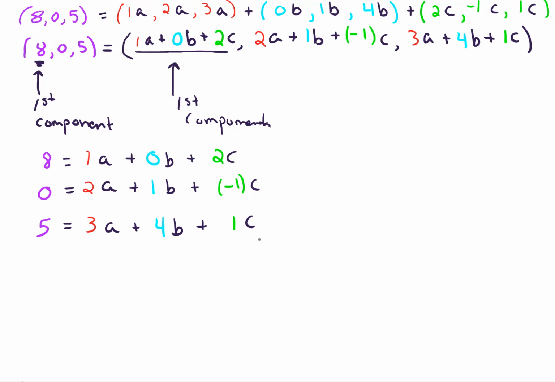Once we have three linear equations and three unknowns, we can write this as an augmented matrix. Reading down the coefficients for the A's, we get 1, 2, and 3. Second column for the B coefficients, we get 0, 1, and 4. For the coefficients on the C's, we get 2, negative 1, 1. And then we have a column of constants, 8, 0, 5.